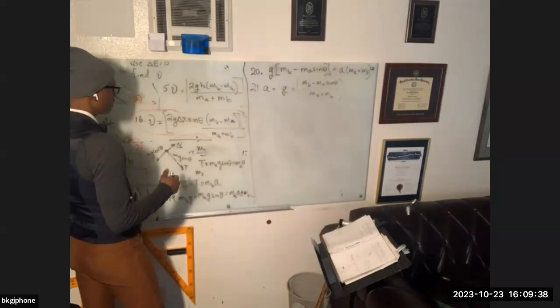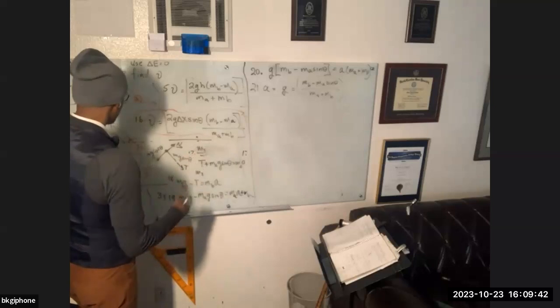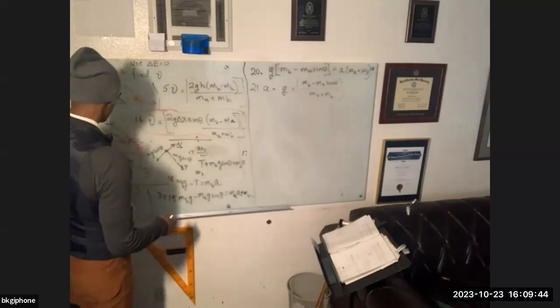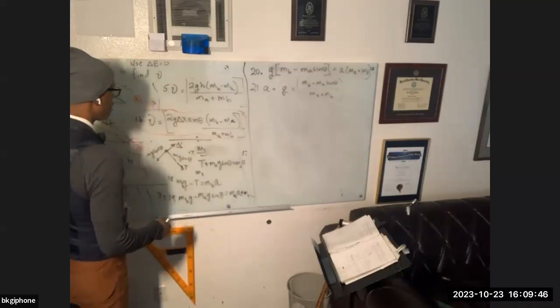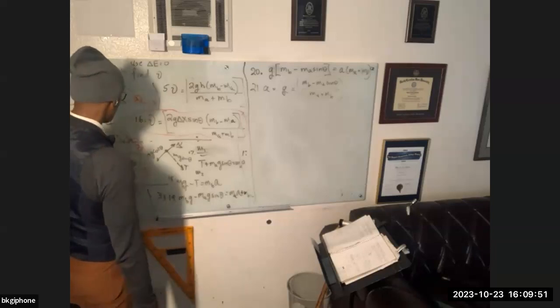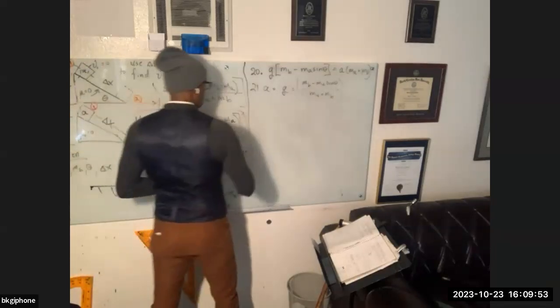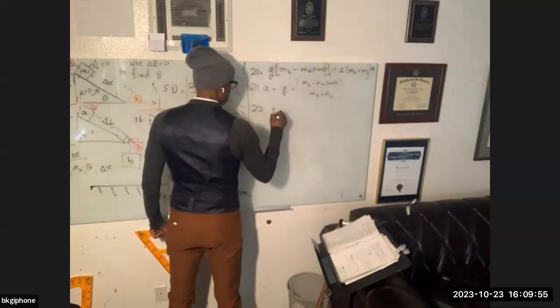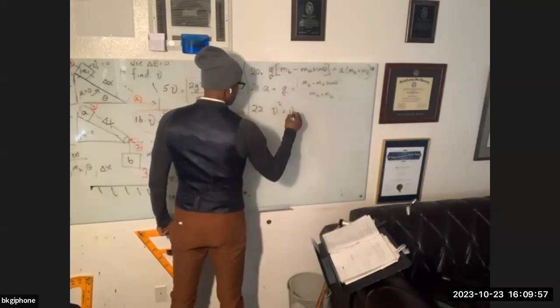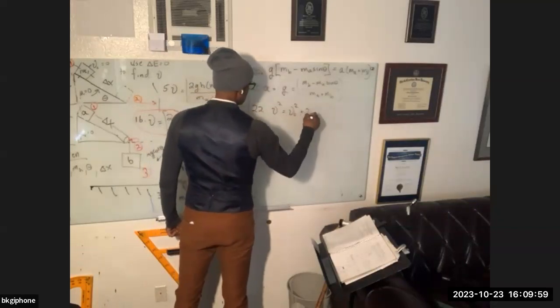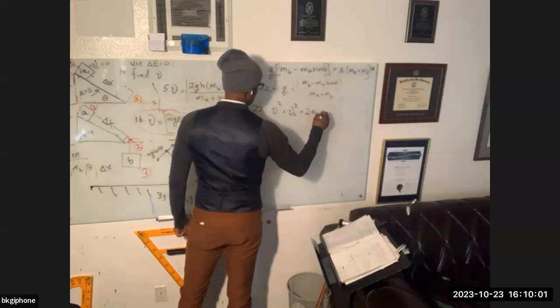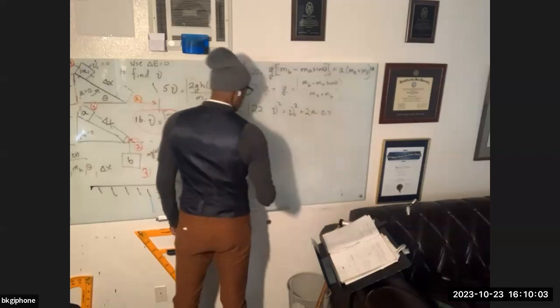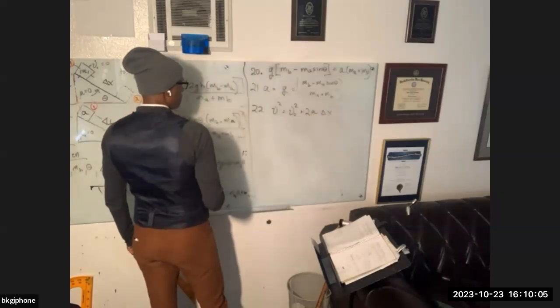I can use either object. I'm going to use B, and I'm going to use the equation of motion: v squared equals v naught squared plus 2a delta x.